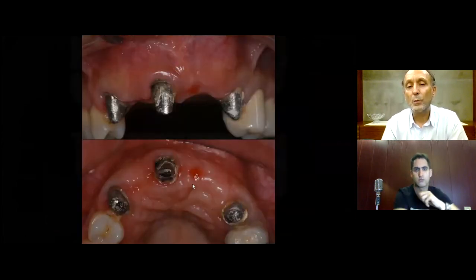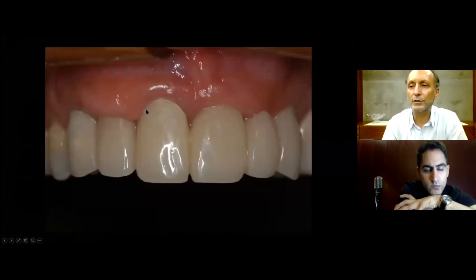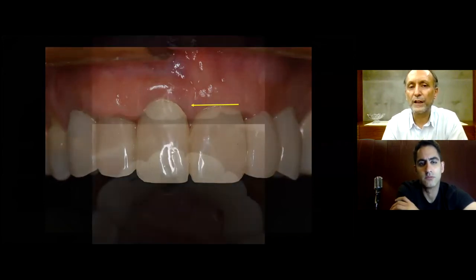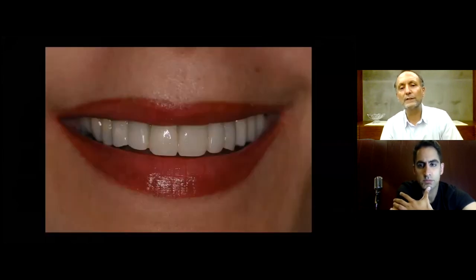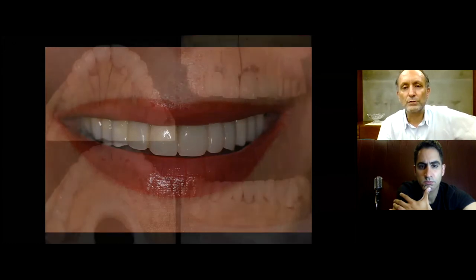And then when we had the temporaries placed on the implants, she started complaining of this natural tooth. So for that, again, we did another eruption of the natural tooth to level gingiva on both teeth, and you can see the smile of the patient at the end of the treatment. This is the final restorations, and this is what we ended up with.